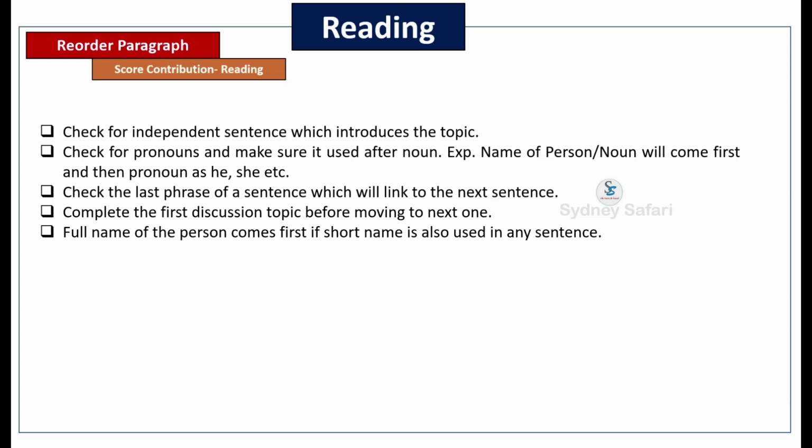So Amit Kumar will come first and then Mr. Kumar. If two examples are given, then the example will also always come later. You will get all these tricks while practicing, and also a word will tell you, okay, this is one more example of the previous one, so it should go later.